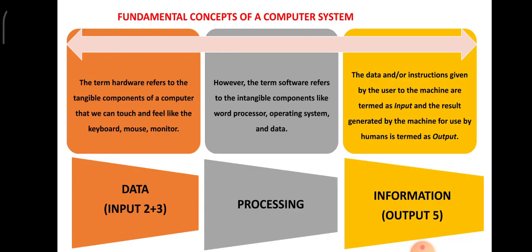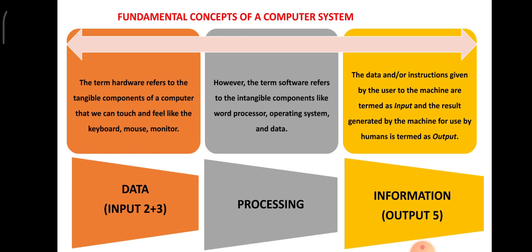So anything that you cannot touch or feel but you can still work on, that is called as a software. Example, word processor, Excel, PowerPoint, and even music you cannot touch and feel but you can hear. So that will also come under the software, operating system and data.